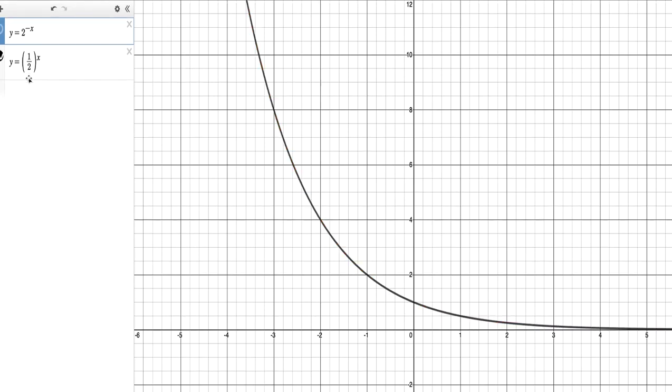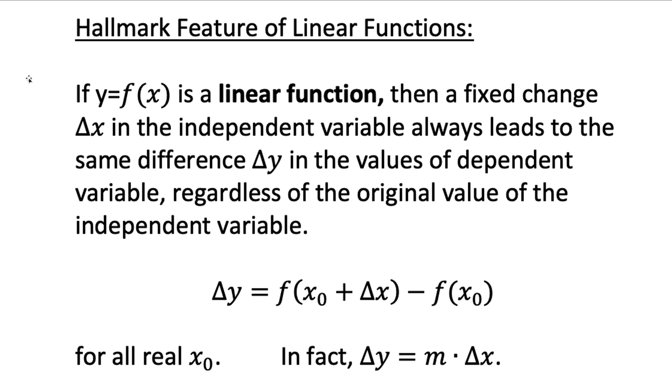Okay? All right. Let's talk about, this may seem strange, linear functions here for a second. The hallmark feature of linear functions: if y equals f of x is a linear function, then a fixed change, delta x, remember delta stands for change in x?